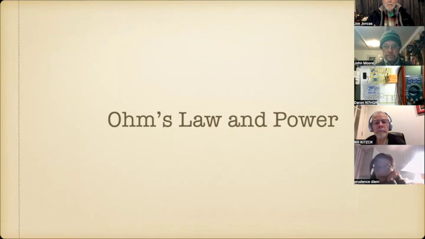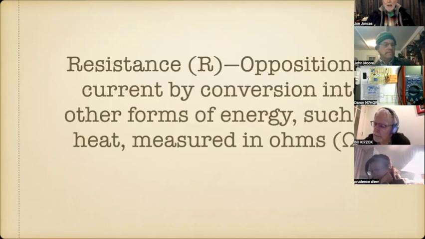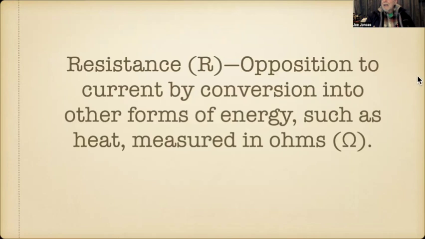So moving on, let's talk again about Ohm's law and power. Here is a definition of resistance. It's the opposition to the current by conversion into other forms of energy, such as heat.